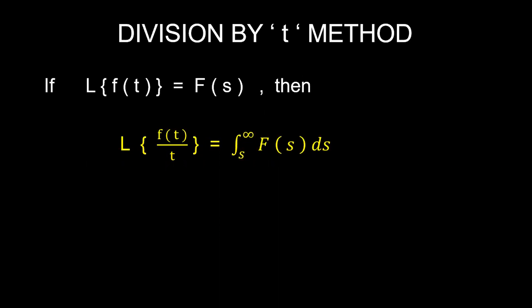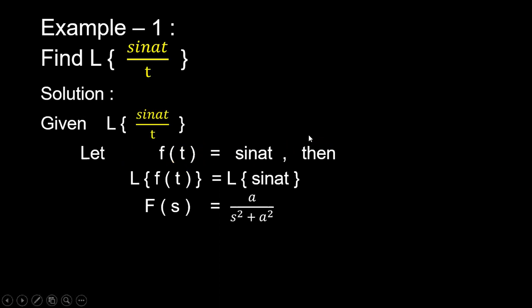Now we'll see a problem on this division by t method. This is your first problem: find the Laplace transform of sin(at) by t. This problem should be compared with f(t) by t.